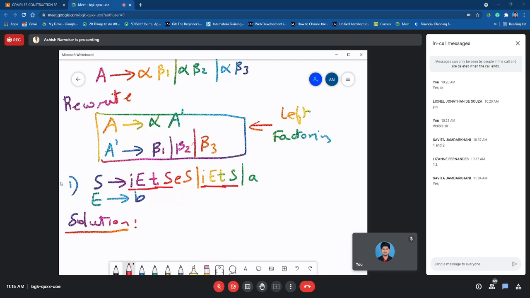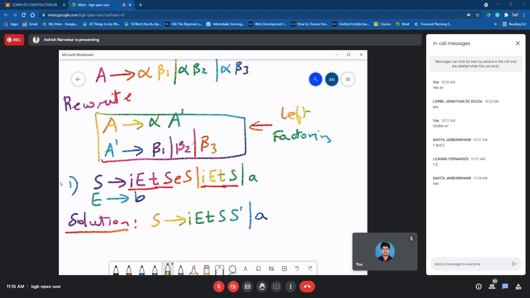So alpha is the longest common prefix, iEtS, and we rewrite the production. S derives alpha A dash, where A dash in this case will be S dash. Also, S derives small a, so write this small a as it is.